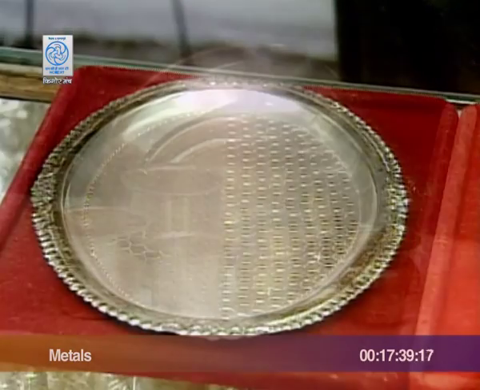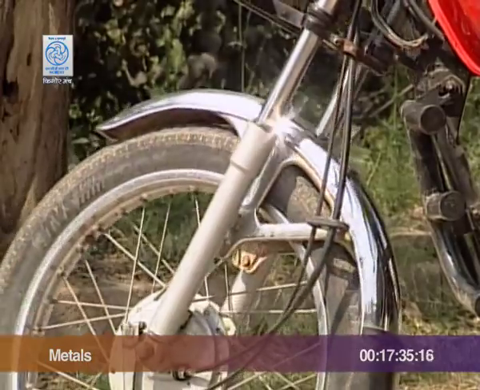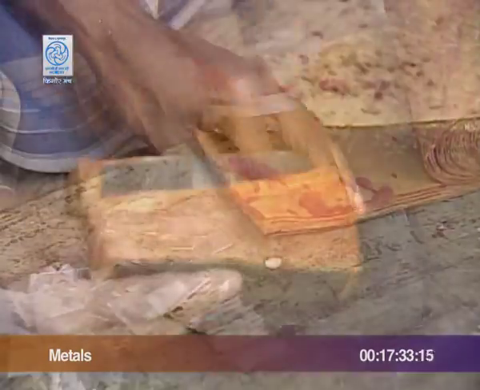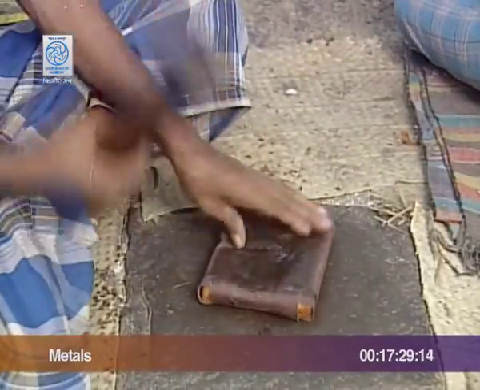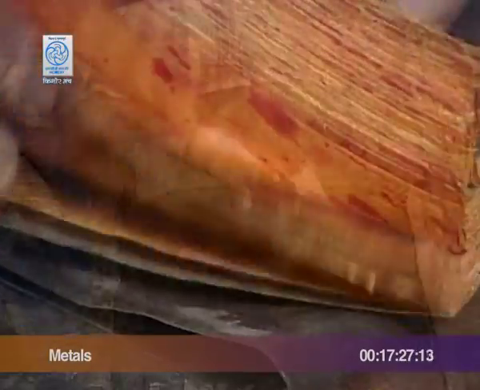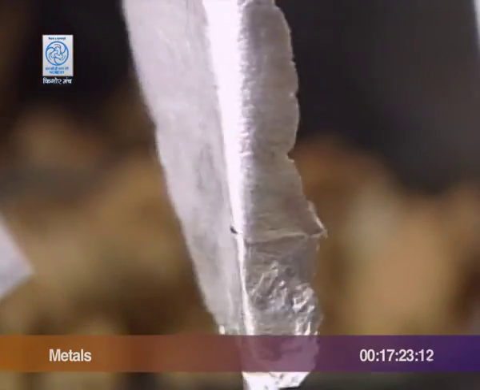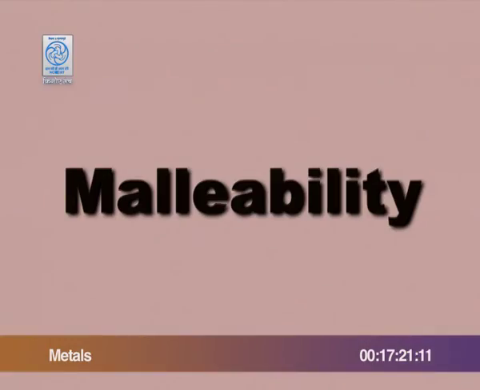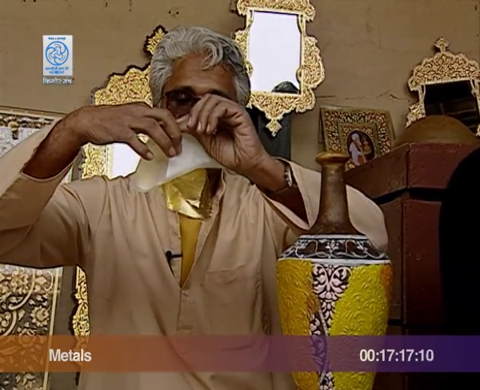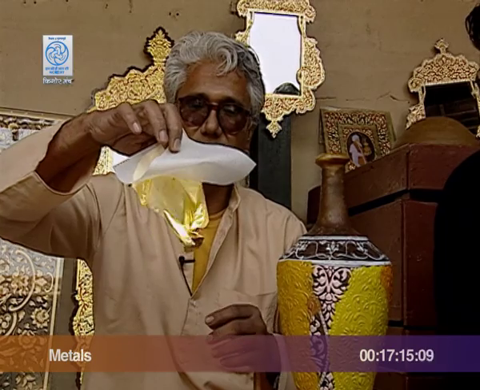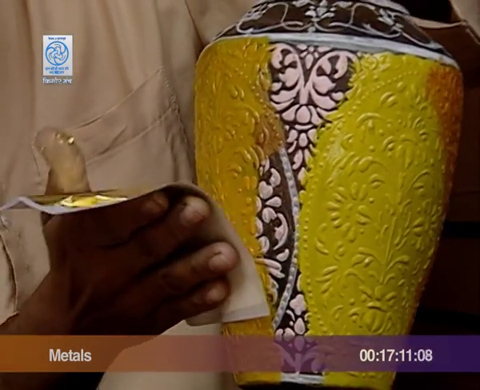We know that metals have some special properties. All metals are lustrous, that is, they shine and glitter. Some metals can be beaten into thin sheets, even as thin as tissue paper. This property of metals is called malleability. Gold and silver are the most malleable materials.